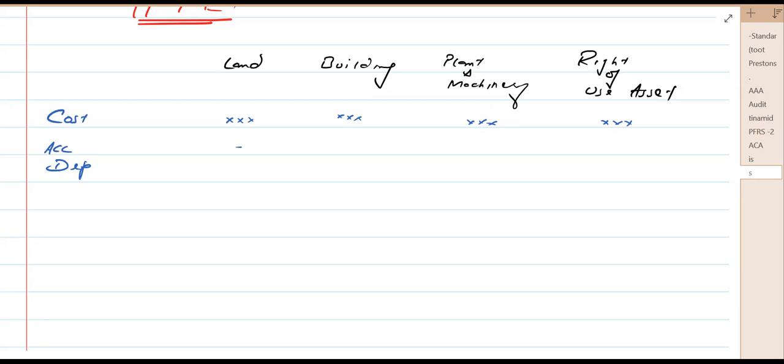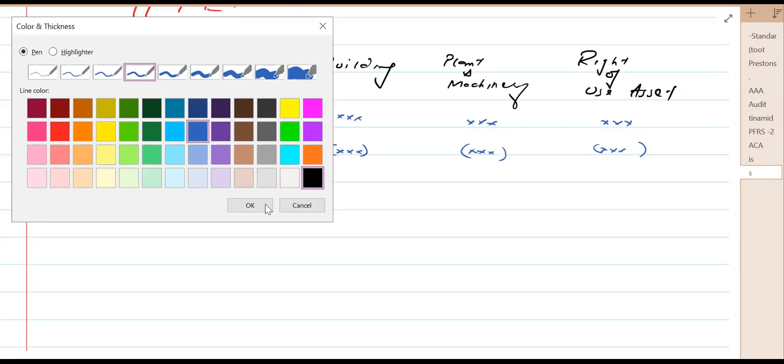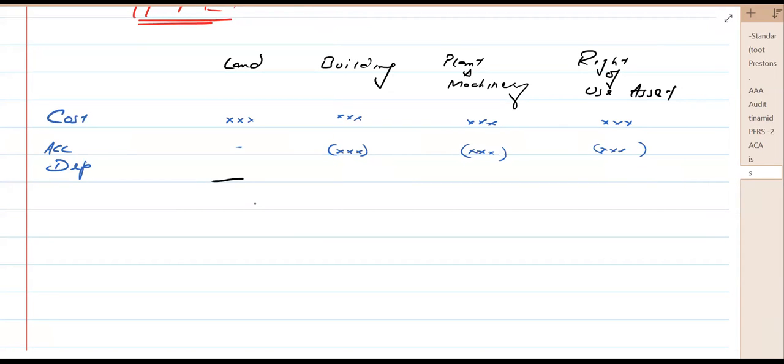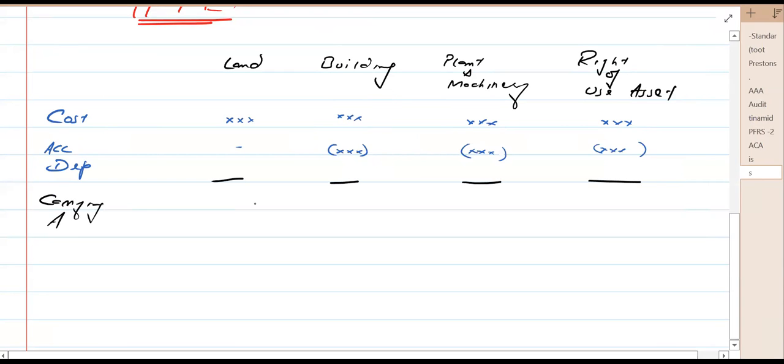Land is not depreciated. Then building, plant and machinery, right of use asset. Once you deduct the accumulated depreciation from the cost, you will have the carrying amount, and this carrying amount would be at the start of the year.